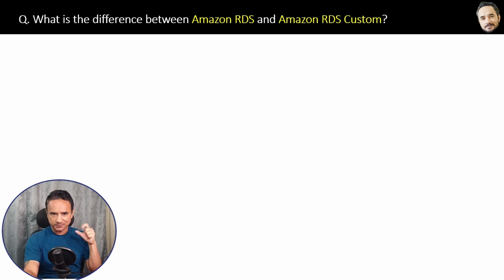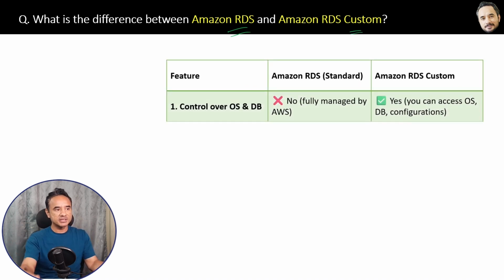What is the difference between Amazon RDS and Amazon RDS Custom? Let's master this. Now in AWS, you can create two types of RDS databases. One is the very normal one, and we call it simply RDS. And another one is the custom one, which we call RDS Custom. Here is the first difference between them. In standard RDS, you do not have full control over the OS or DB.